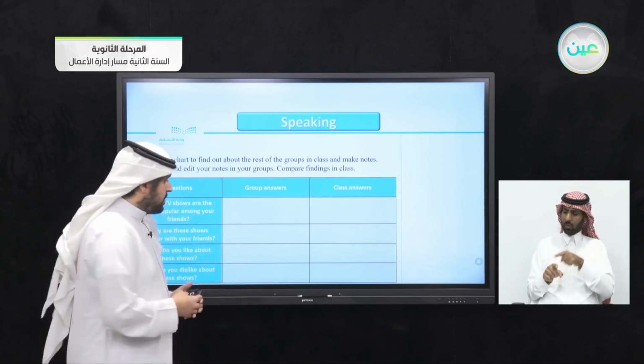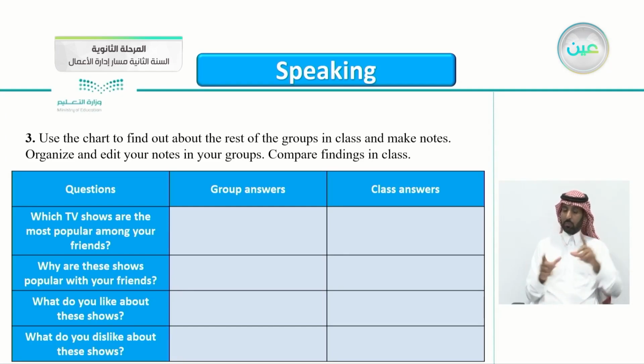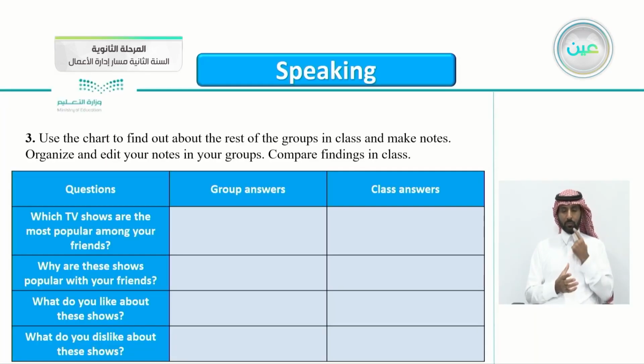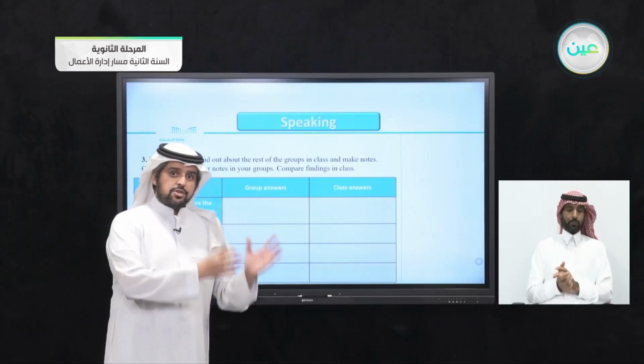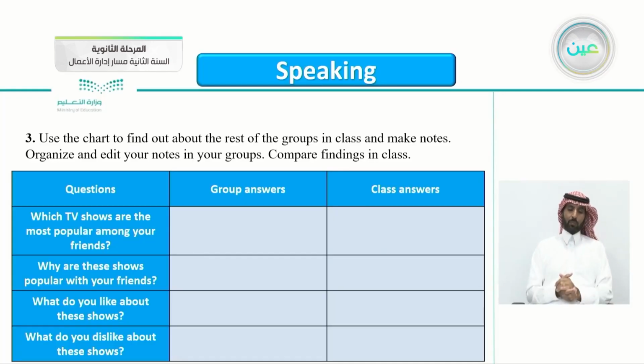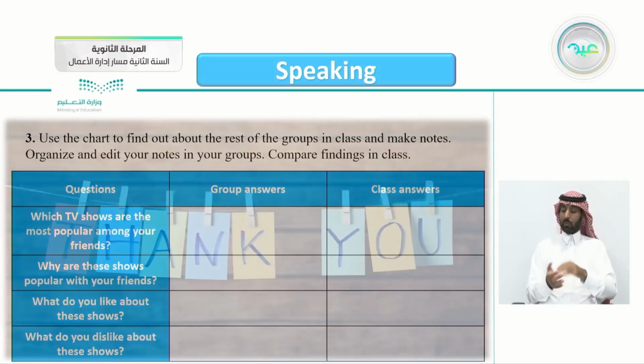Why are they popular? What do you like about these shows? If you like these shows, tell what you like about them. What do you dislike about these shows? So the last 2 rows here: what do you like about the shows and what do you dislike about the shows. This is the group answers and class answers, and of course compare them together.